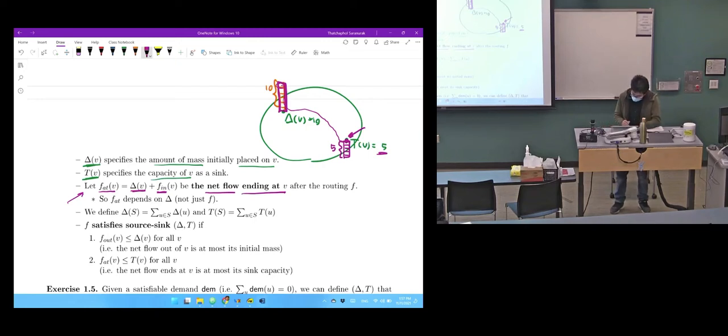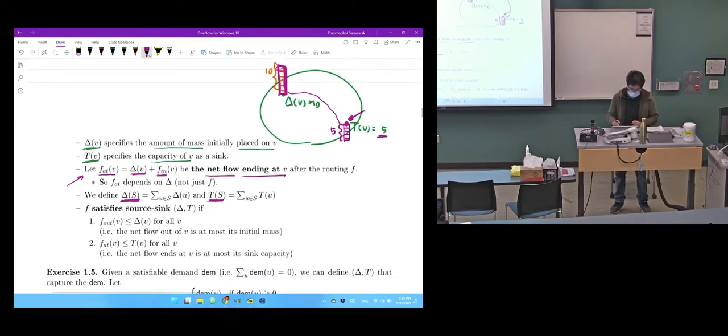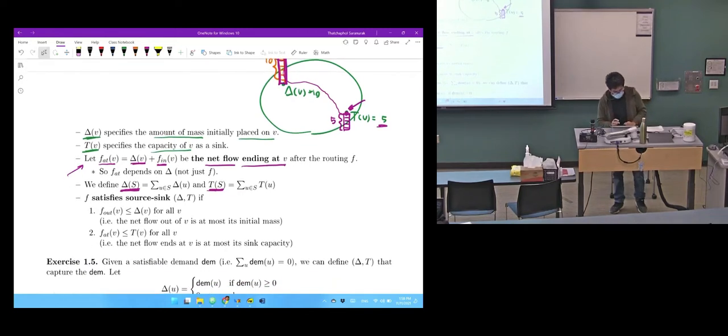And I can define the total source of a set S and the total sink of a set S2. Now here is the definition that will make sense.